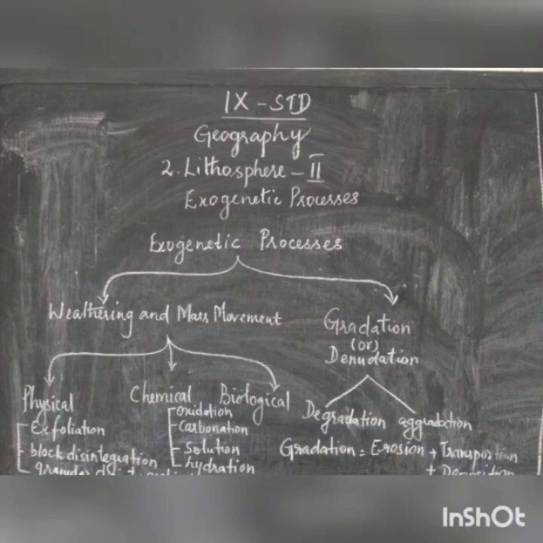Gradation is the process of leveling of land by means of natural agents like rivers, groundwater, wind, glaciers and sea waves. Gradation takes place in two ways, degradation and aggradation. Degradation is the eroding of the land surface. Aggradation is the building up of landforms due to natural agents. So gradation equals erosion plus transportation plus deposition.